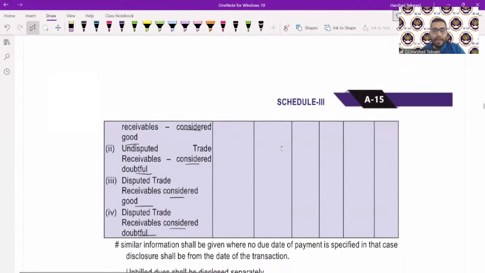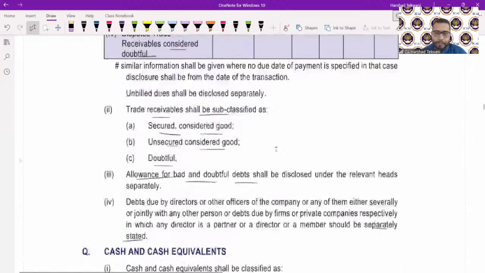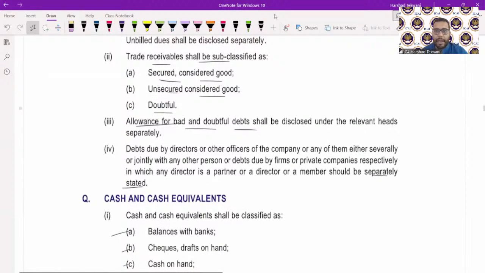You show considered good, considered doubtful in the aging. In aging, you only talk about the status of the trade receivable, whether it's good or doubtful, and the second part is whether it is disputed or not. Clear? Any doubt? Any doubt, guys?